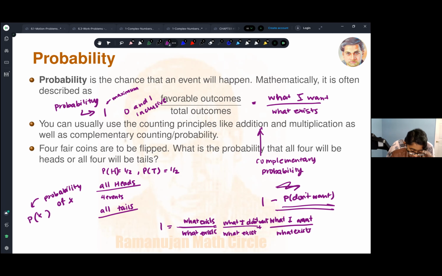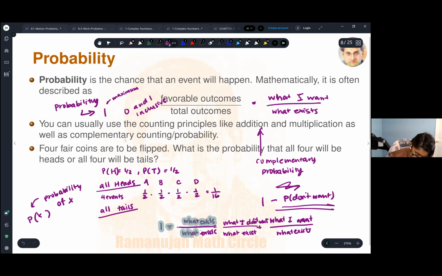The first event is you want a head, and you're flipping a coin, so that's half probability for event A, which is the first flip. Event B is the second flip, and that also has a half probability of getting heads. Event C has a probability of half again, and event D also has a probability of half. Since you want all 4 events to occur, meaning all 4 of the coins need to be heads, you're going to multiply these, and you get 1/16.